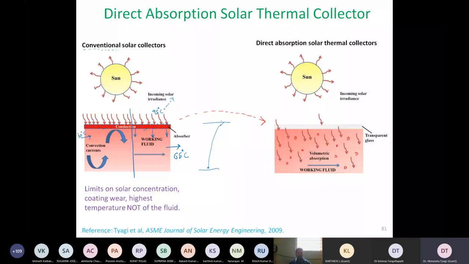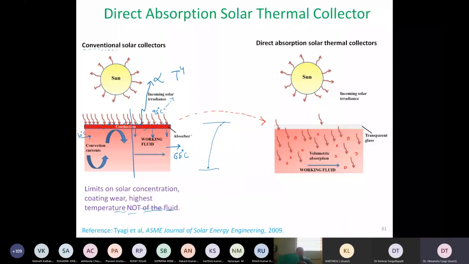Because this is where all the absorption is taking place, isn't it? The design mandates that the top surface has the highest temperature. And the biggest problem with that is that whatever is having the highest temperature is going to emit proportional to T to the power 4. So that is the black body radiation law.